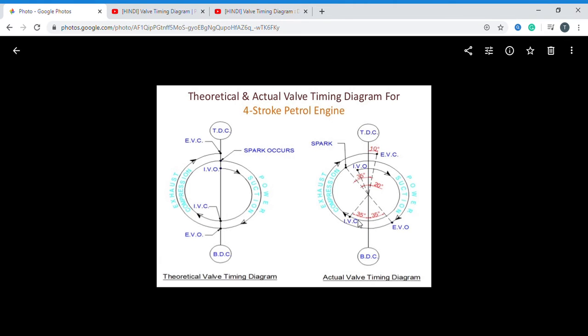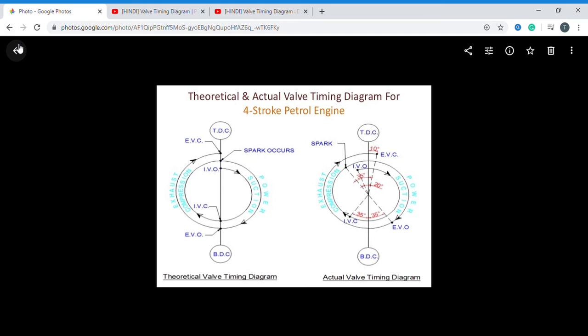This is an important point. Next, the spark will take place before TDC at 35 degrees. Again, the exhaust will be open before BDC 35 degrees. Gets closed after TDC 10 degrees. So these angles are very important. You can remember this, the four-stroke working of the petrol engine valve timing diagram.